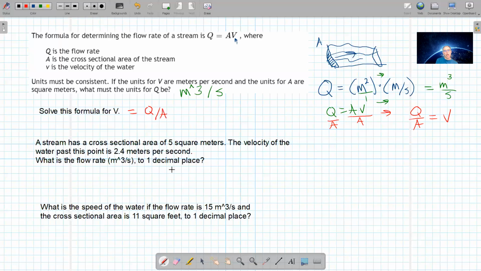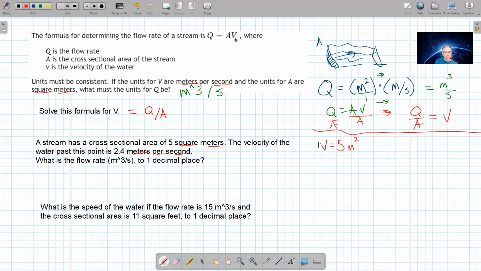And then we get to apply some situations to these versions of the formula. So a stream has a cross-sectional area of 5 square meters, and we're sticking with the same units we started with, which is important. So I'm just going to make a note over here. For this part, A is 5, I'm going to write it as meters squared. The velocity is 2.4 meters per second, and that matches what I'm supposed to use for this formula.